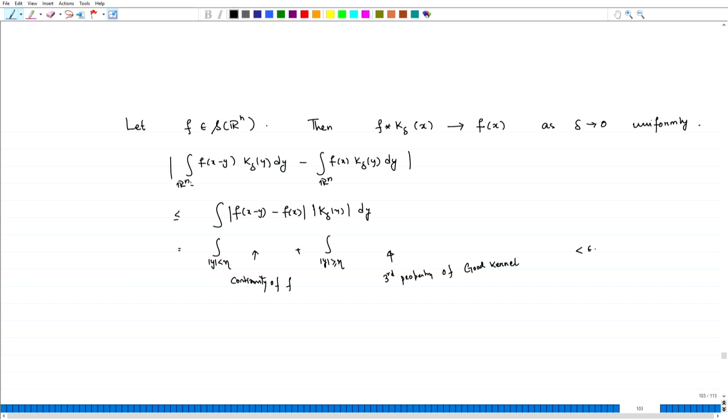Now, do we have enough examples of good kernels?